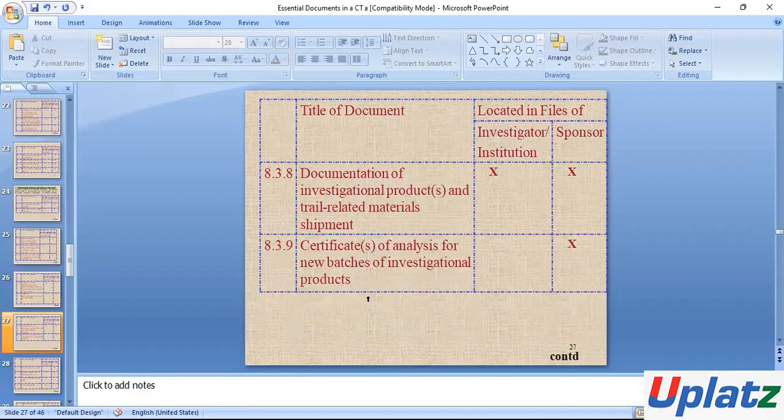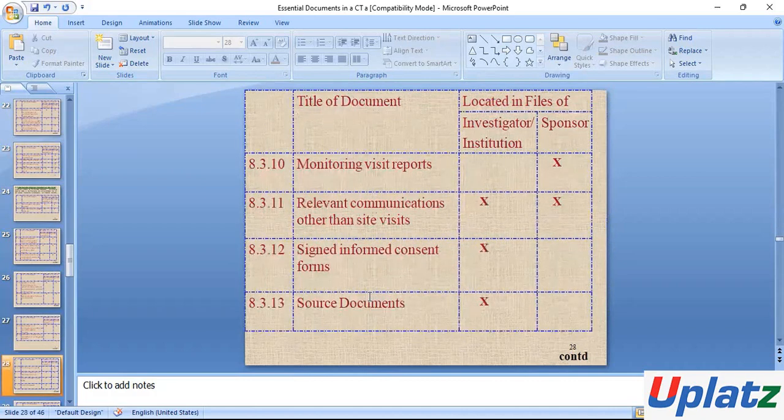Next is documentation of investigational product and trial related material shipment. If there are any changes to these documents, the updated version has to be uploaded. Next is the certificate of analysis. In the same way, if there are any changes, it will be filed, but that will be filed only by the sponsor.